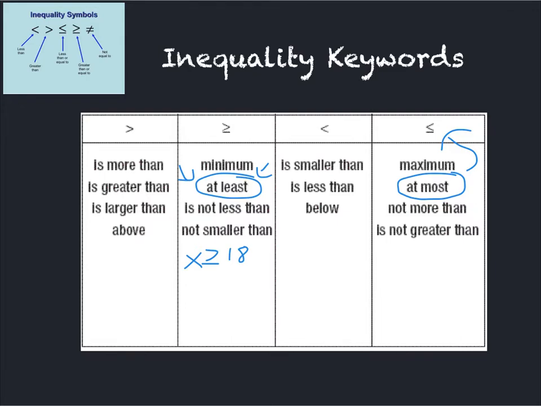And at most, you must be at most 72 inches tall to ride a roller coaster. That's a horrible inequality, but it would be x is less than or equal to 72 inches. So I guess someone who's 10 inches tall would be able to ride that roller coaster. I don't know. But at most would mean less than or equal to, where at least would be greater than or equal to.